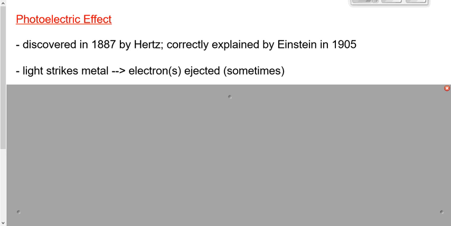Even Hertz said it depends upon the energy, but Hertz's idea of where the energy came from was wrong. Hertz said the energy came from having more light, brighter light, more intense light. But that didn't work. Having a different kind of light worked. He just didn't know why, until Einstein said the type of light is related to the energy rather than the amount of light.